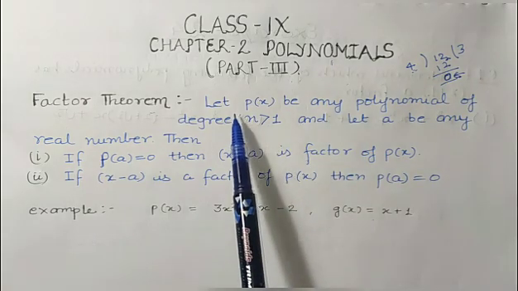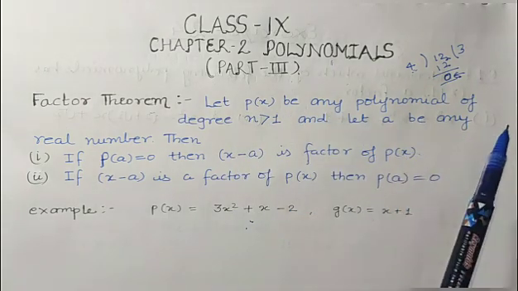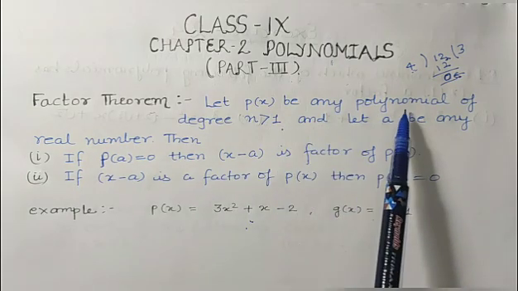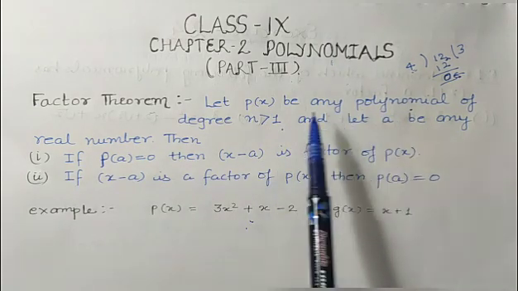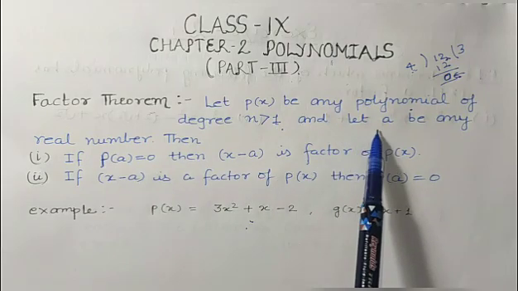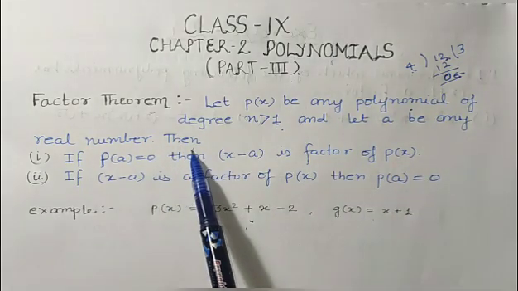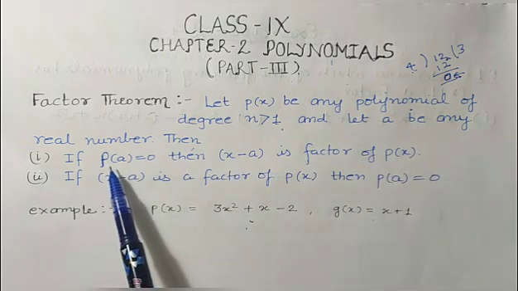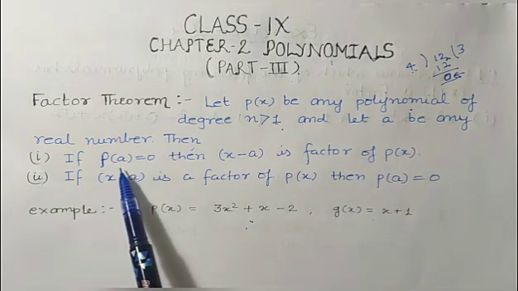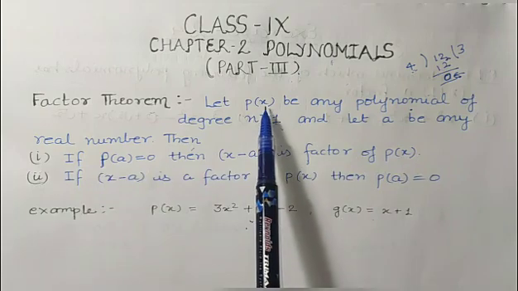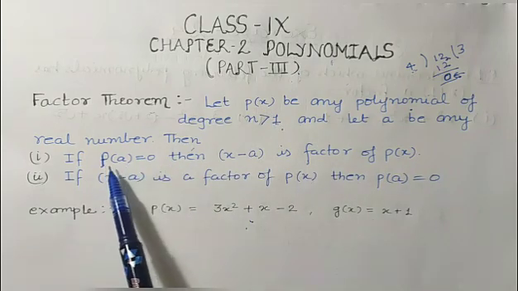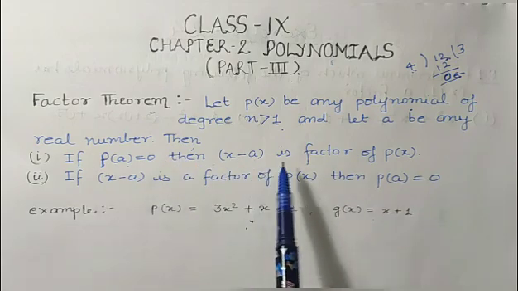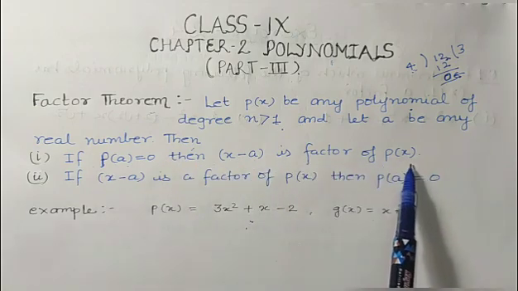Now firstly see the definition. Let p(x) be any polynomial of degree n greater than or equal to 1, and let a be any real number. Then we find p(a), meaning we put the value of x as a. If p(a) is 0, then x minus a is a factor of p(x).